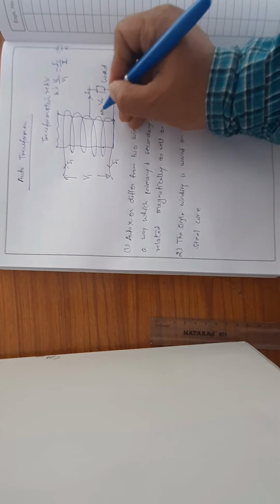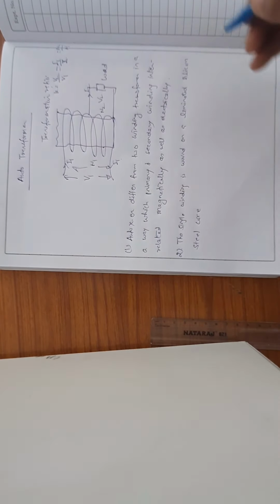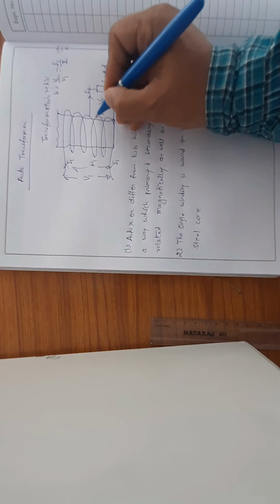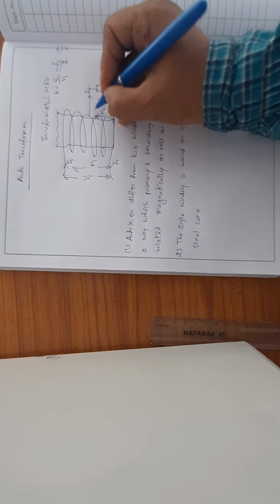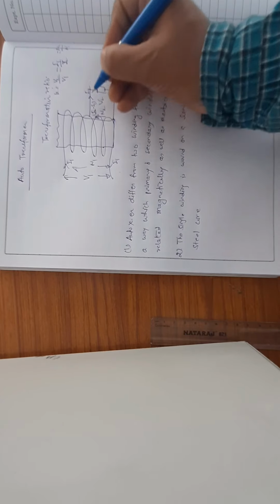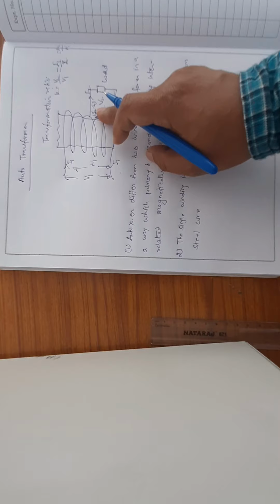This is the N2 term, and here is the N1 term. The primary current is here, secondary current here. So the direction of this winding current is I2 minus I1, or take the negative common, so I1 minus I2.